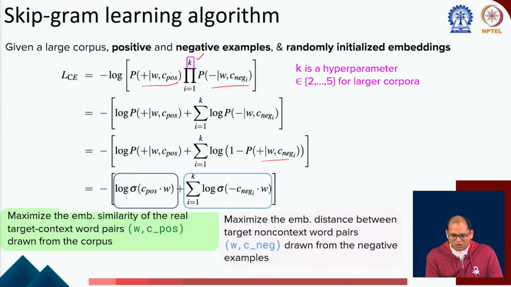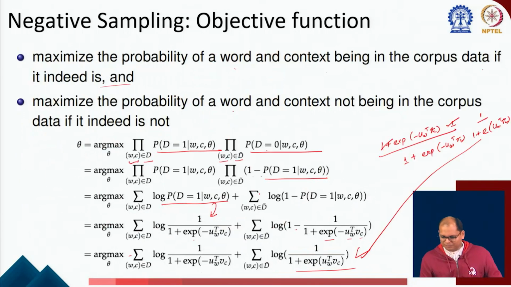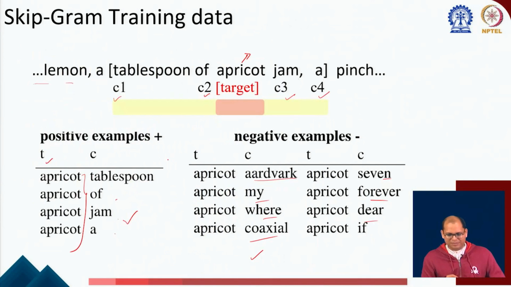So this turns out to be log sigmoid over the positive context times w, and log sigmoid over minus the embedding of the negative sample times w, right? So this is very similar to what we had seen here, exactly the same as what we had seen for the positive sample and negative sample.